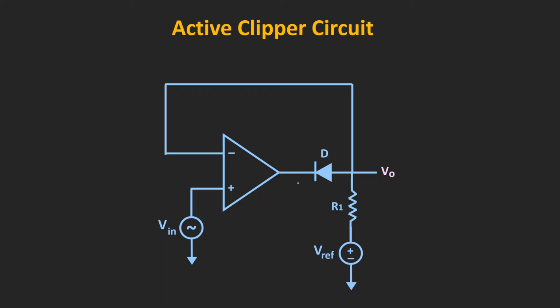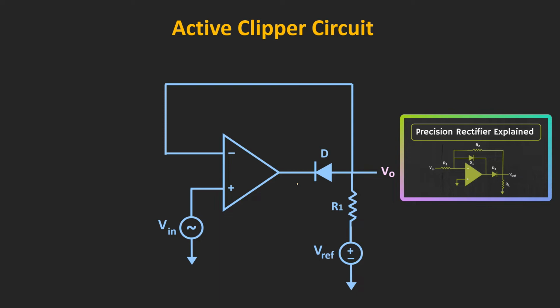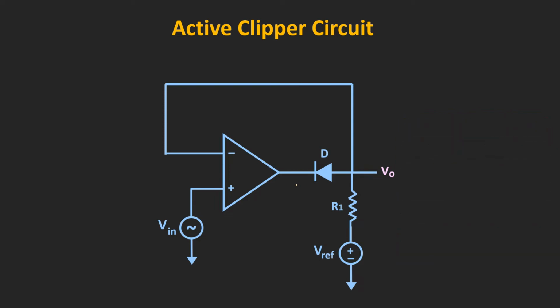We have already seen this concept in the earlier video on the precision rectifier, so for more information you can check that video. In short, in the closed loop configuration, the op-amp will behave like a buffer circuit, and due to that, the output will follow the input signal. And whenever this diode is in the off condition, the op-amp will operate in the open loop configuration.